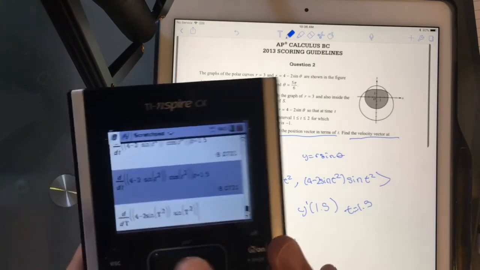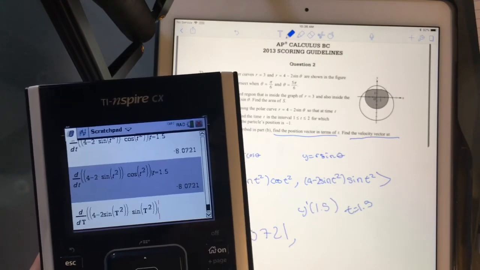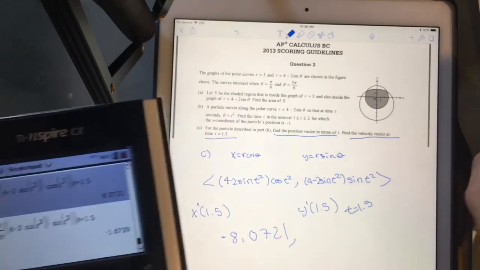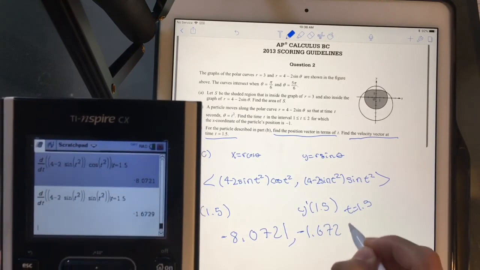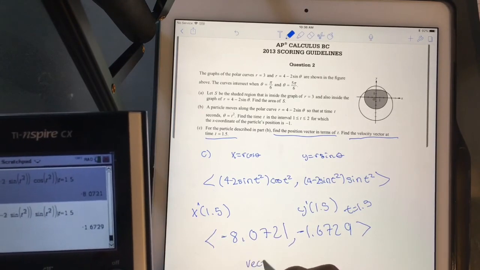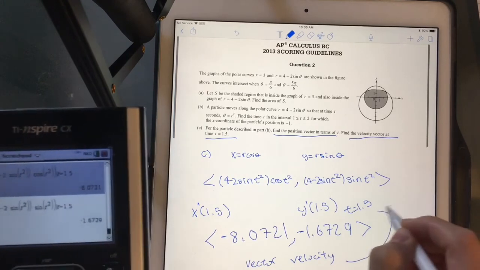We use the same thing, control equals, go down to this bar, type t equals 1.5. And we get -1.6729. That's our velocity vector at t equals 1.5.